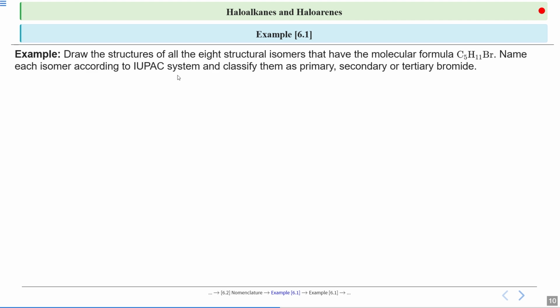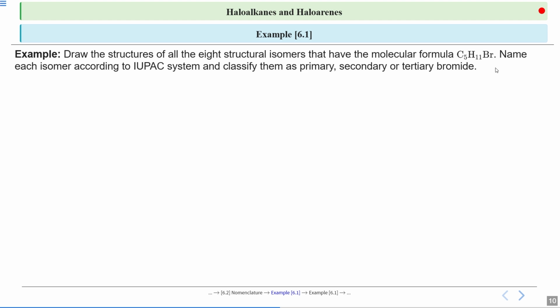Let's solve an example. Example 6.1. Draw the structures of all the 8 structural isomers that have the molecular formula C5H11Br. Name each isomer according to the IUPAC system and classify them as primary, secondary or tertiary bromide. So you have two tasks. First, draw the structures of the 8 structural isomers having this molecular formula C5H11Br.